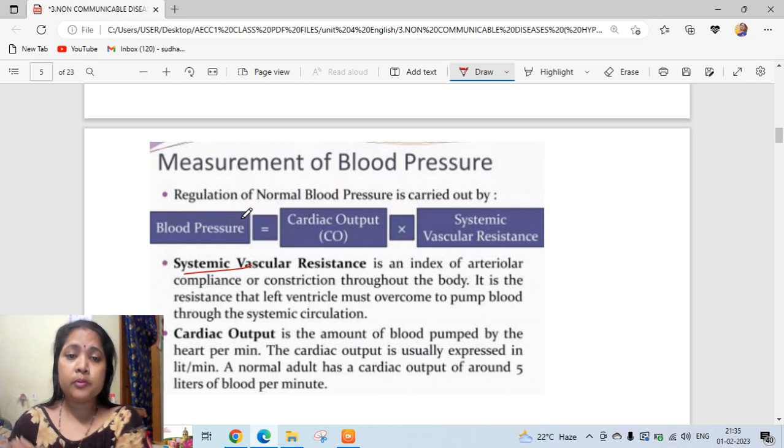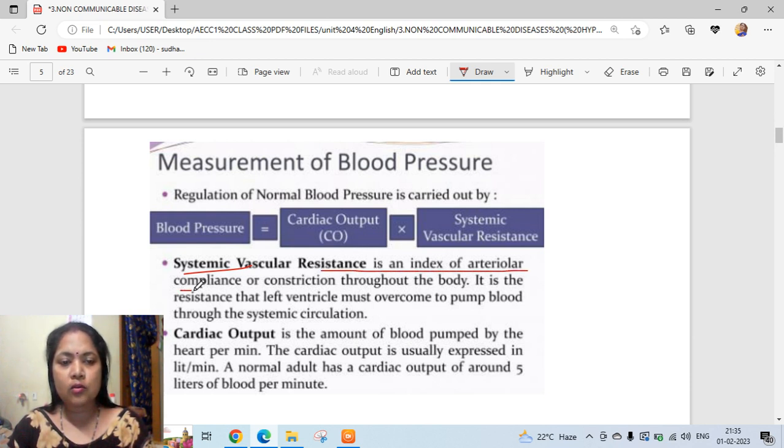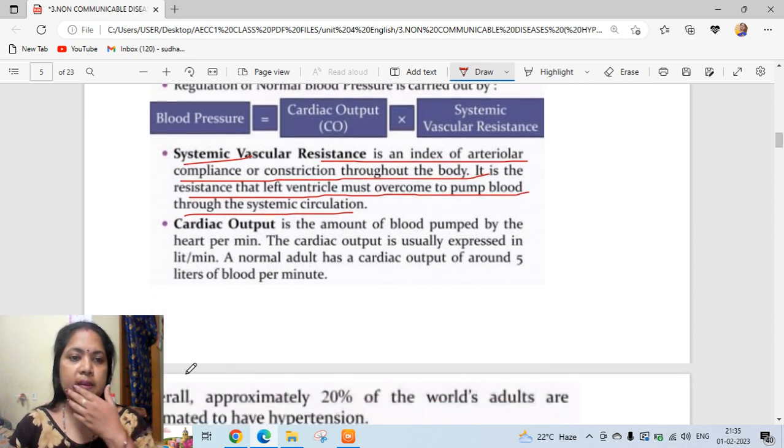So regular or normal blood pressure is determined by cardiac output into systemic vascular resistance, okay. So systemic vascular resistance is an index of arteriolar compliance or constriction throughout the body, and it is the resistance that the left ventricle must overcome to pump blood through the systemic circulation, okay. That is your systemic vascular resistance.